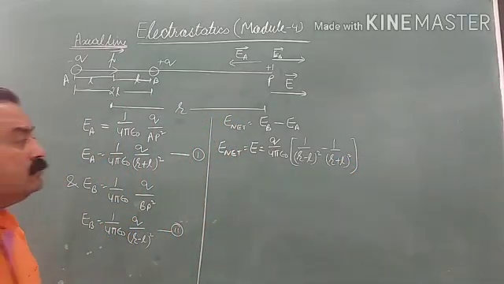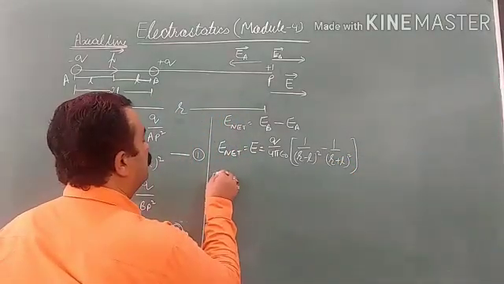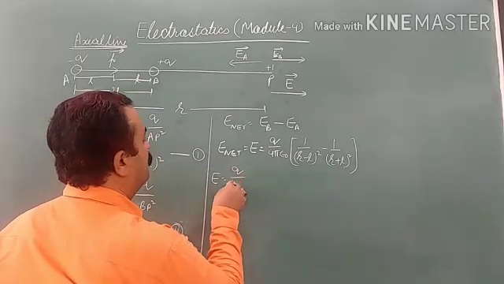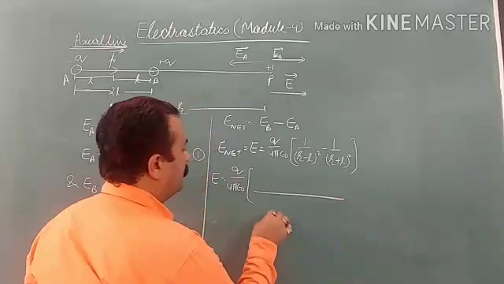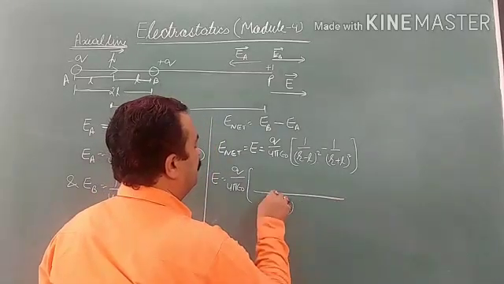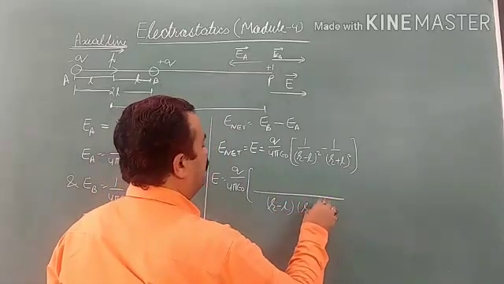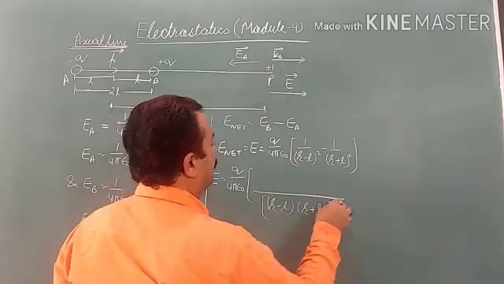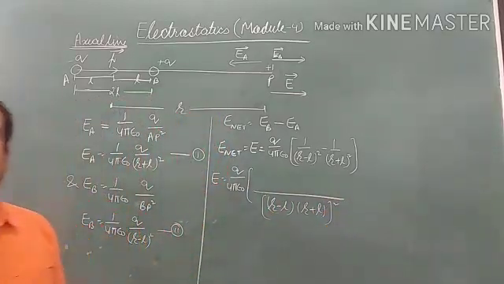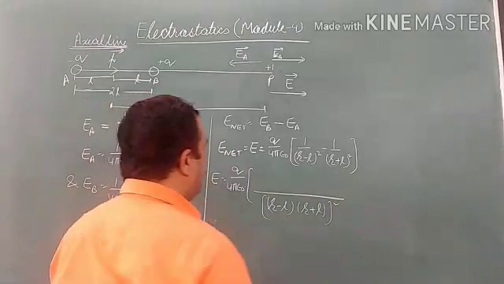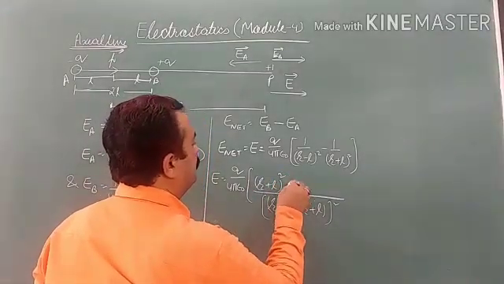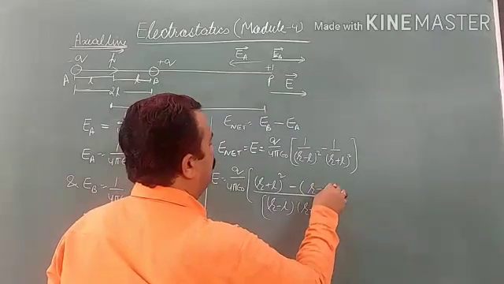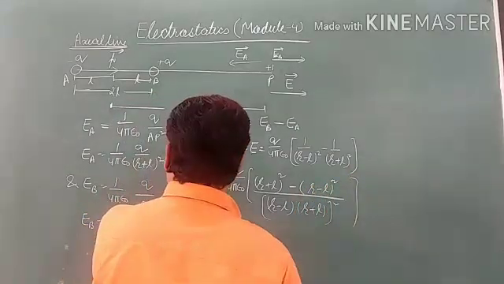Again, this equals Q upon 4 pi epsilon naught, with the denominator (R minus L)(R plus L), written in this manner. Then we can write (R plus L) whole square minus (R minus L) whole square.